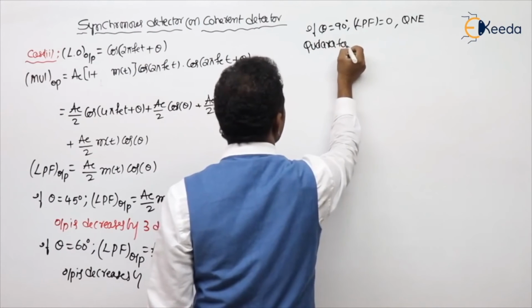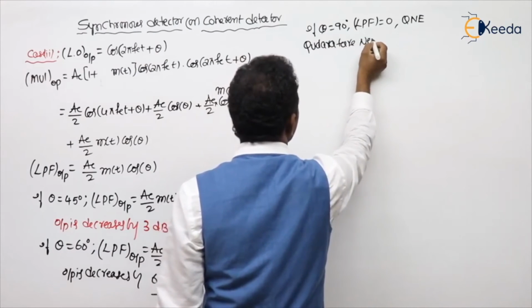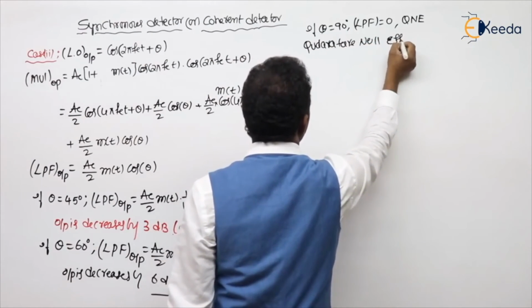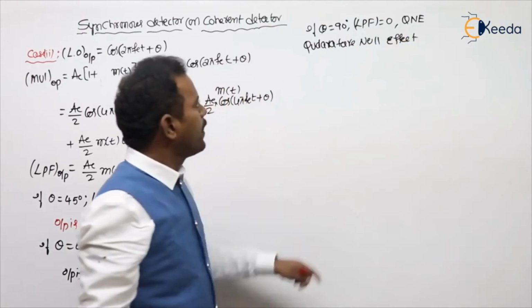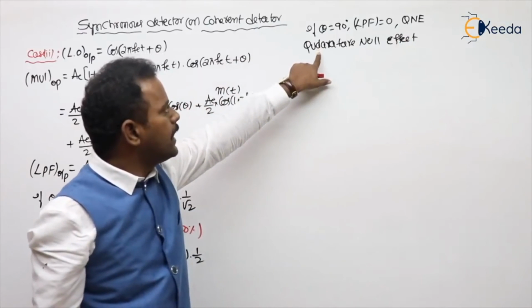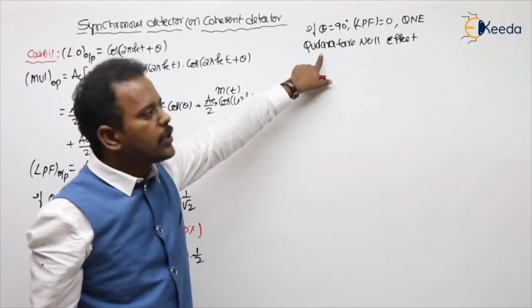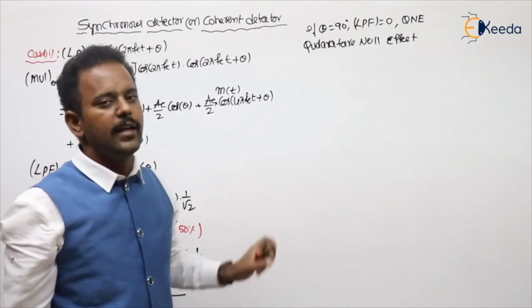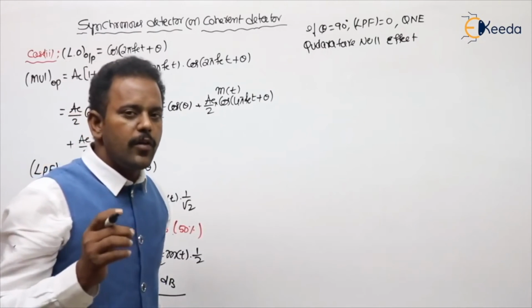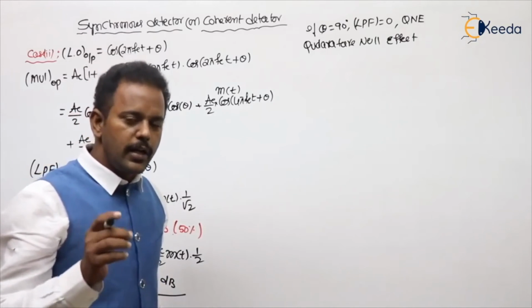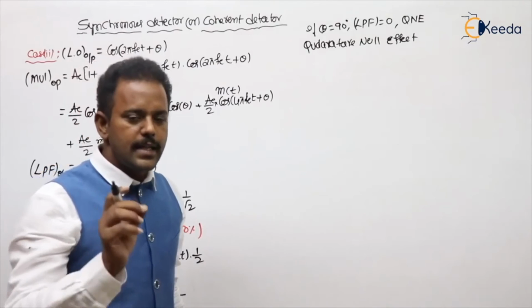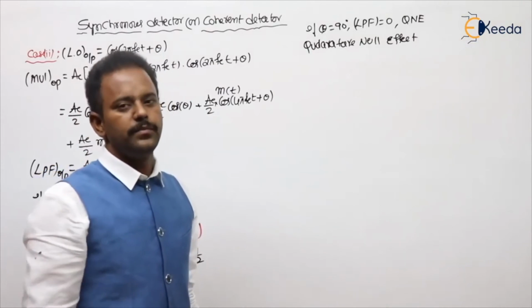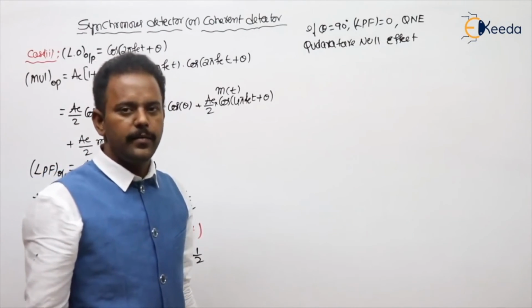Quadrature null effect means when the phase is 90 degrees, the output becomes 0. Quadrature means 90. The demodulation of AM is also affected by QNE if we are going for synchronous detection. Got my point or not? Follow.